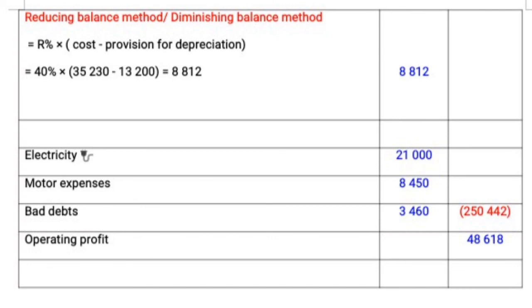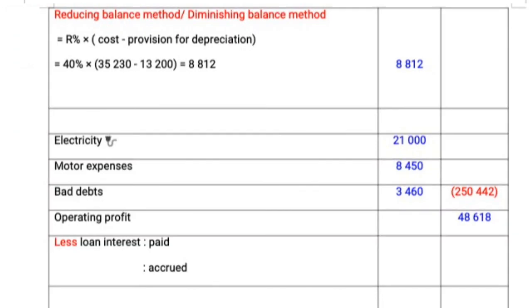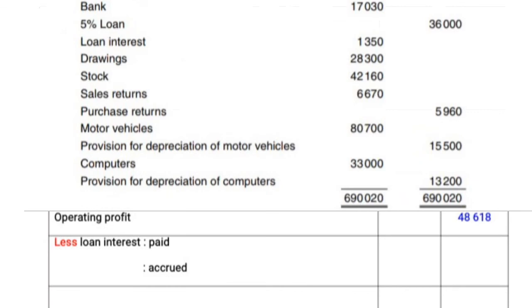So after calculating the operating profit, you then deduct your loan interest. Loan interest is divided into two. We have the paid and the accrued, right? Loan interest paid is the one given in the trial balance. If you visit your trial balance, you can notice that there is loan interest just below the 5% loan. There is loan interest of 1,350, which refers to the loan interest that was paid during the year.